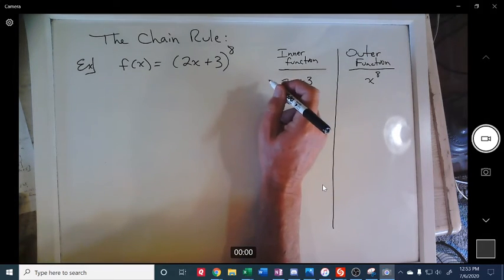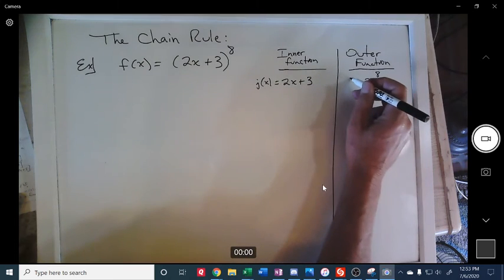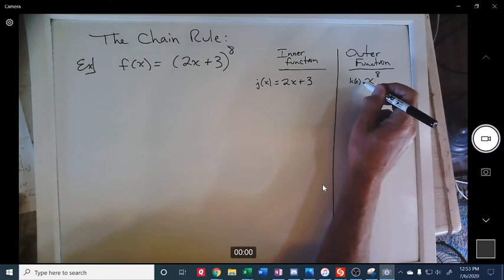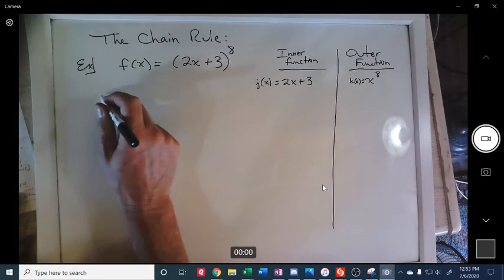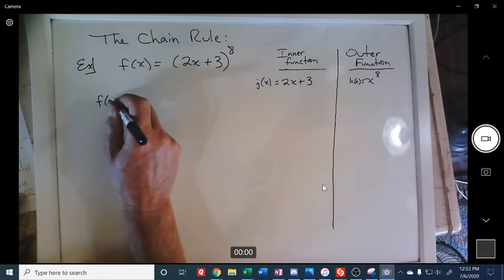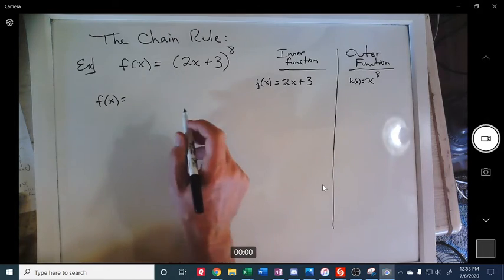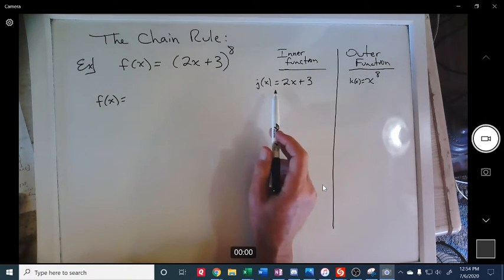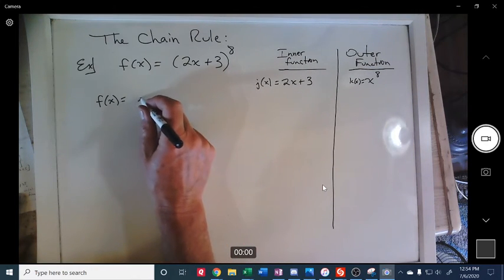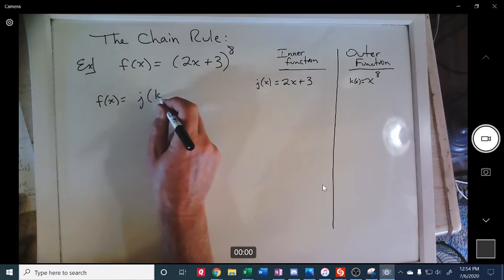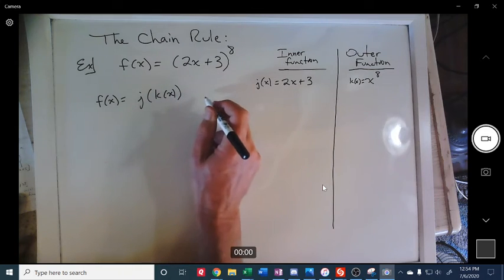If we think of it like this, then suppose j and k were these two functions. Then f of x will be, now how would I put j and k together? Would it be j of k of x?